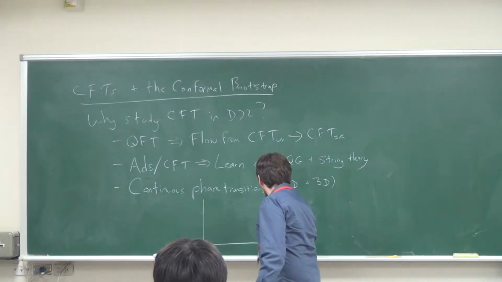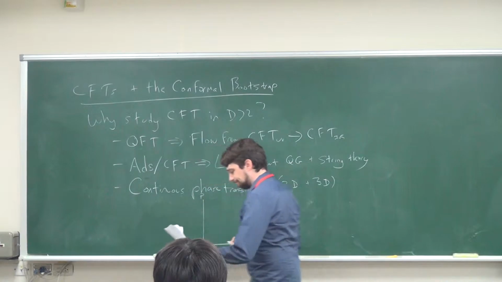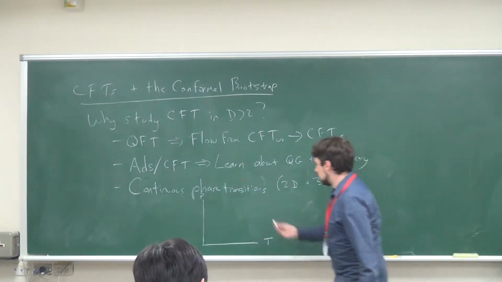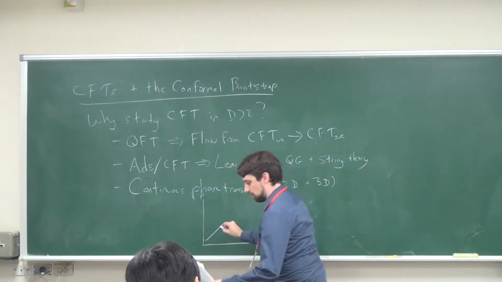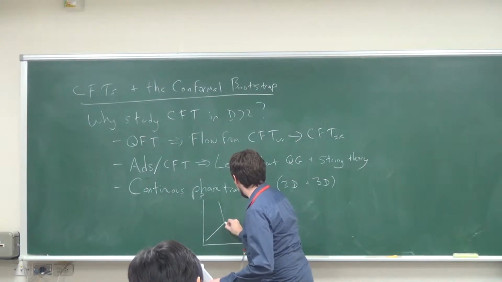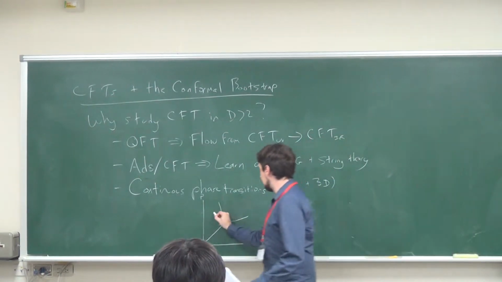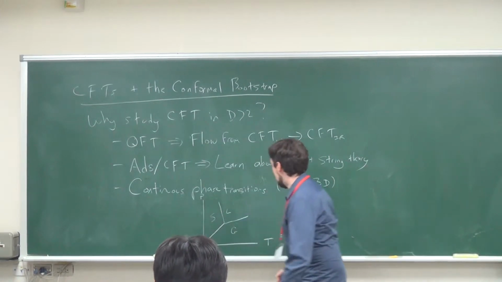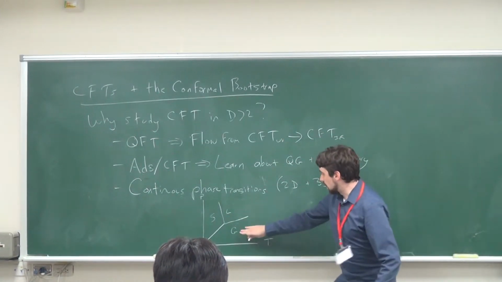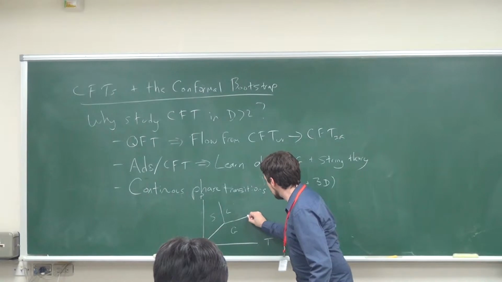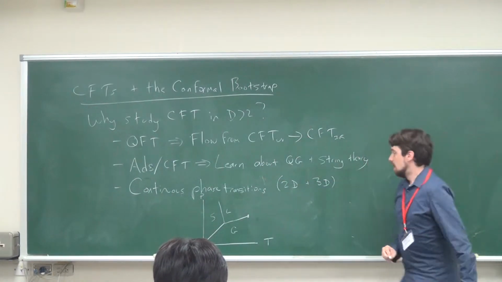It has some temperature-pressure phase diagram. And there are lines separating the solid phase from the gas phase and the liquid phase. Solid, liquid, gas. But the line separating the liquid phase from the gas phase ends at some critical point.